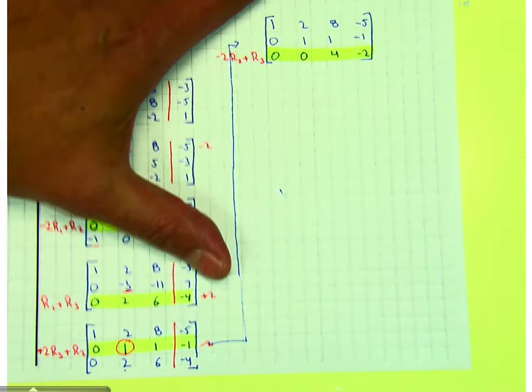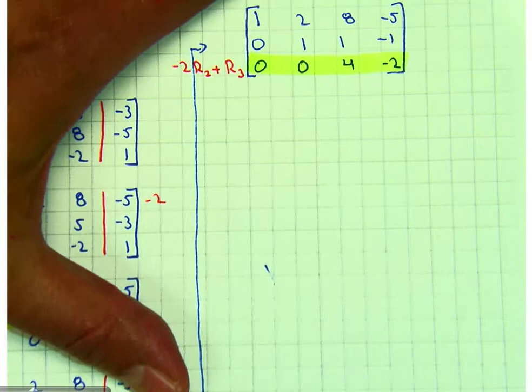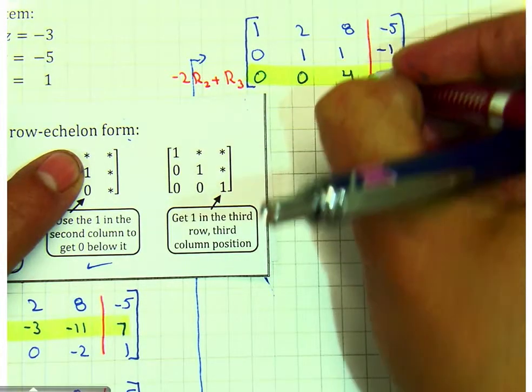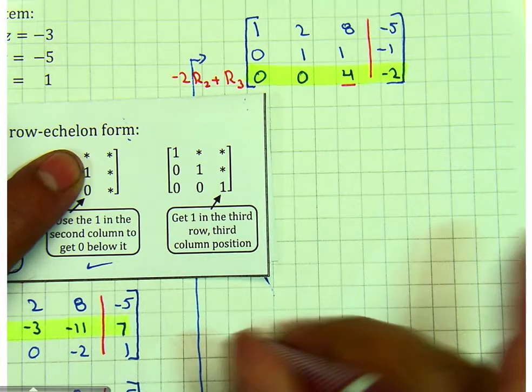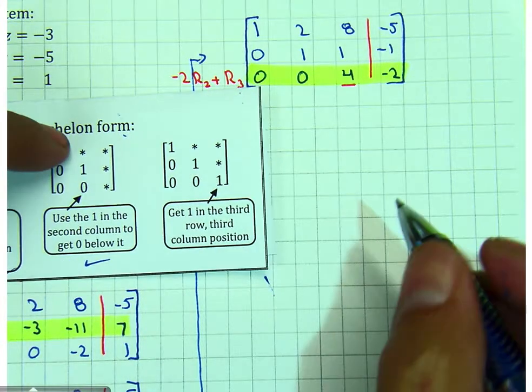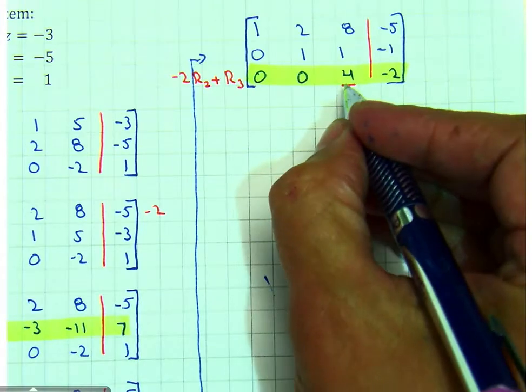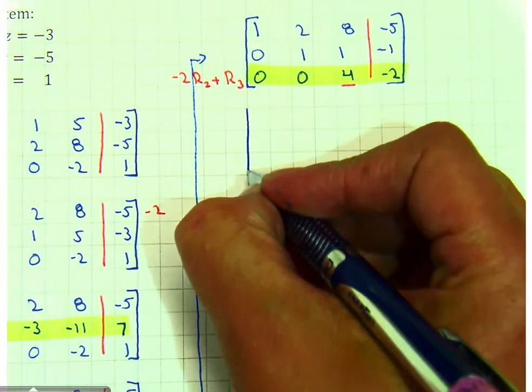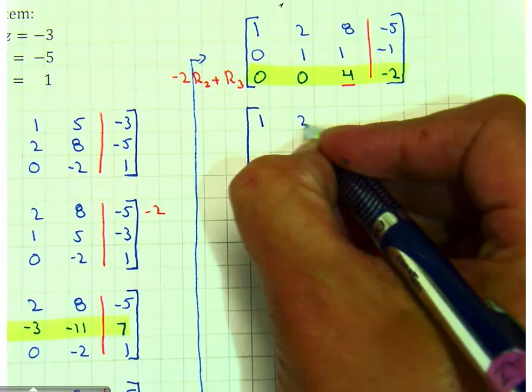And now I'm down to the last step, where I want this to be a 1 as well. In the last step, I can multiply by a number. So I'm going to multiply by 1/4. So it means that the first equation row stays the same.